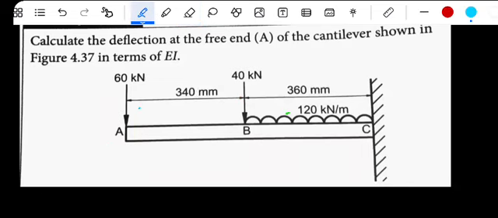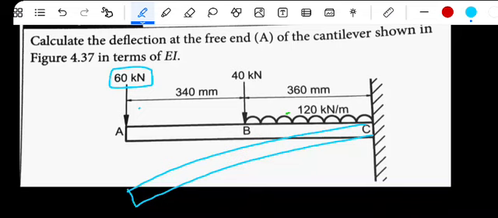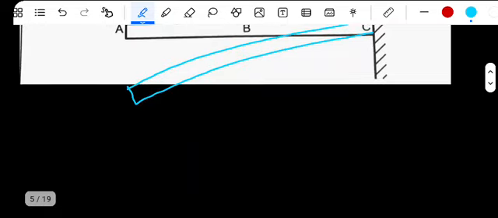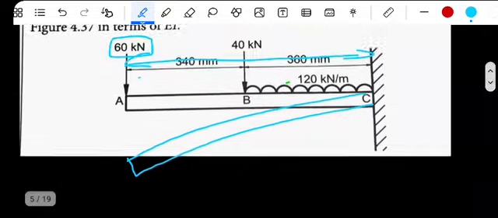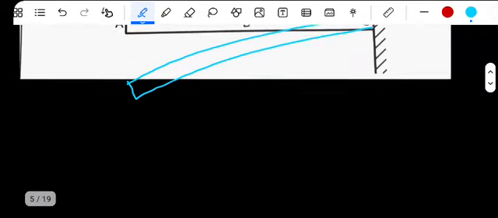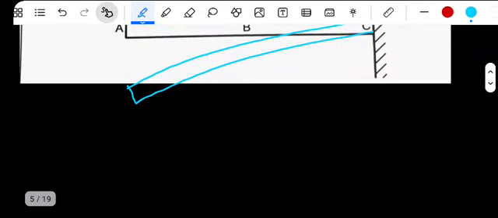So let us answer this. Let's start here at 60. We only have one deflection. Let me not cancel this. As you can see, we'll only have one deflection. The beam will deflect from this side until there. So we have one deflection there, the deflection due to the point load at point A, the free end.